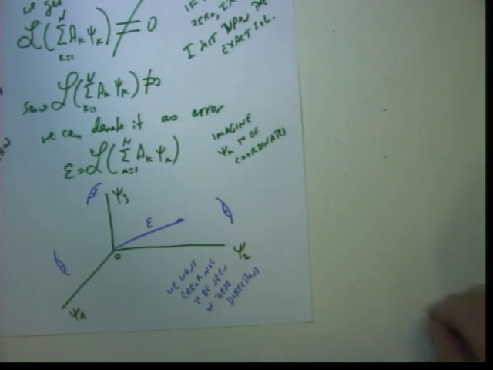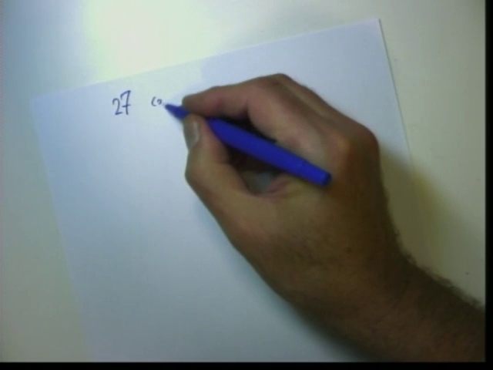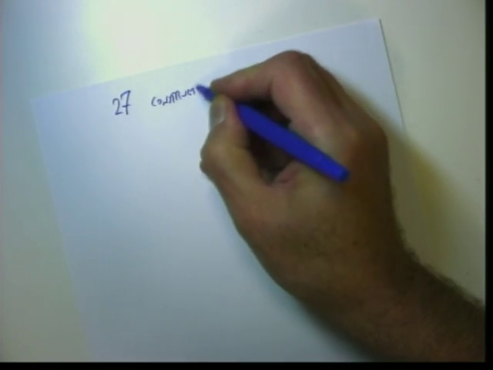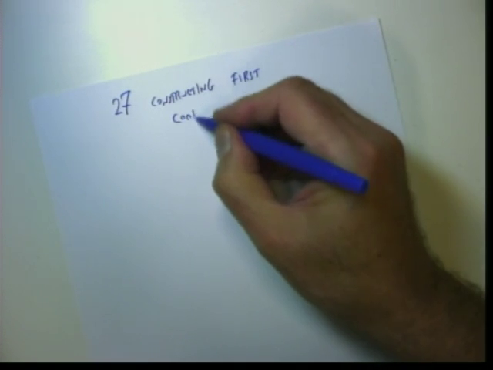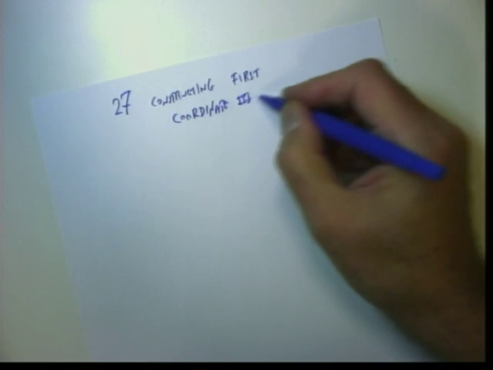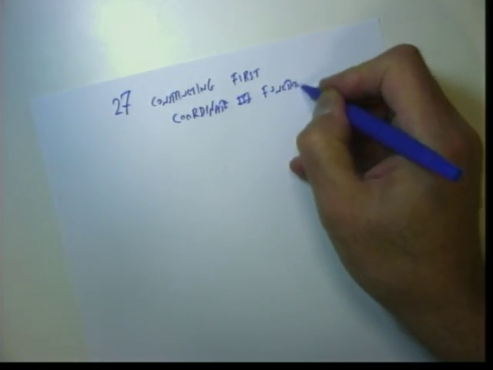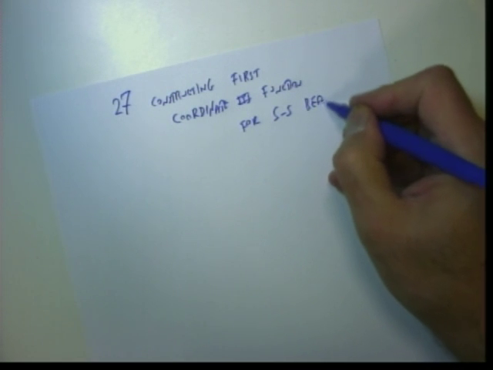Okay, now. So what is our topic number now? 27, yes? Constructing the first coordinate system, coordinate function, for a simply supported beam.